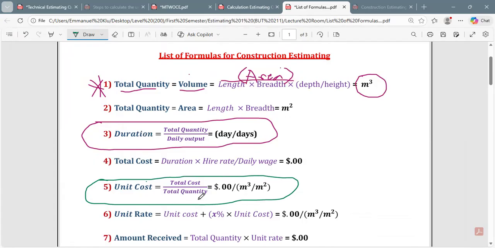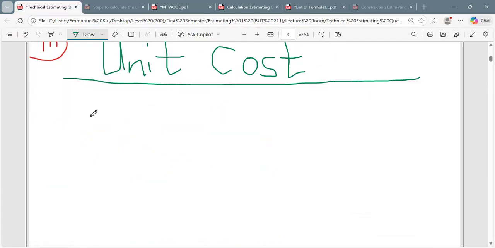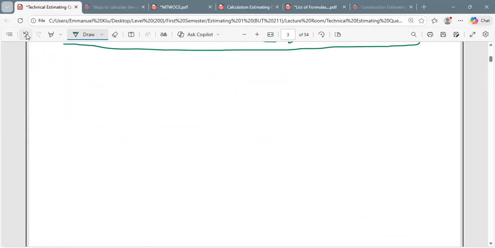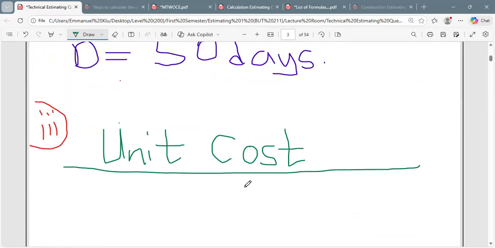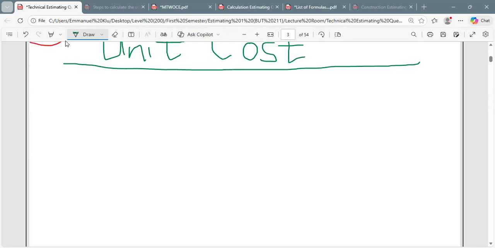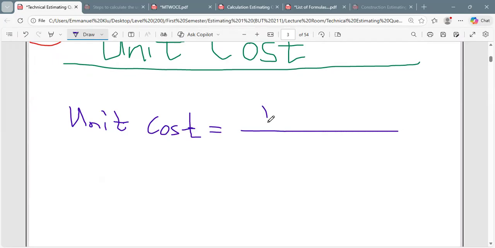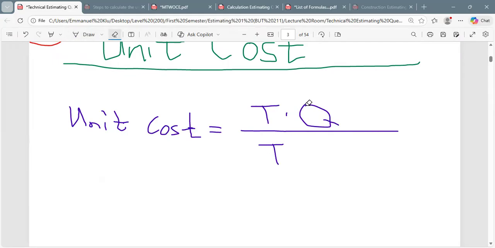Okay, so let's go. Our unit cost is equal to total cost over total quantity.